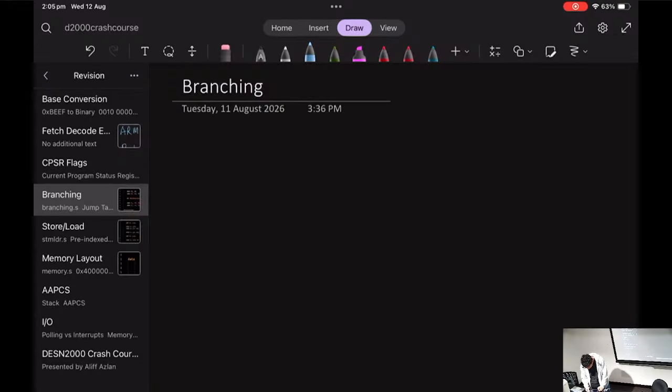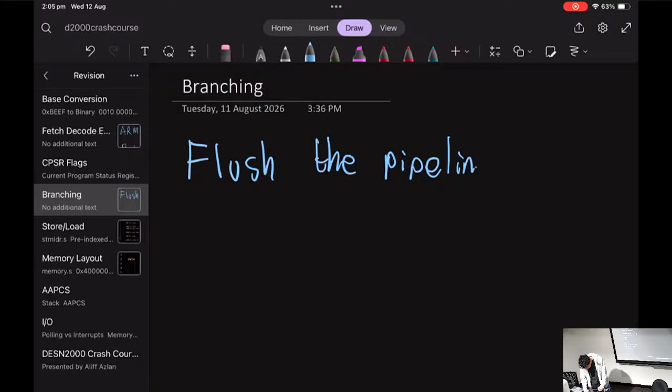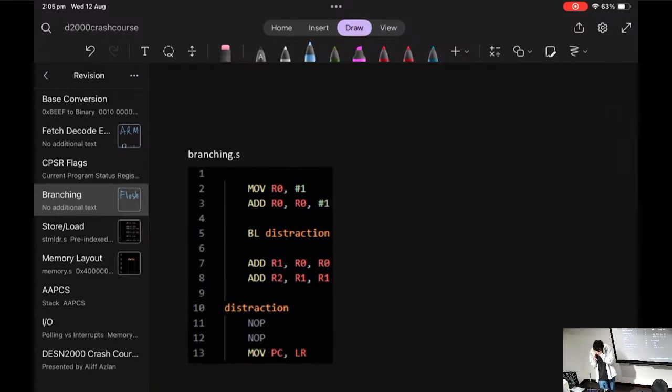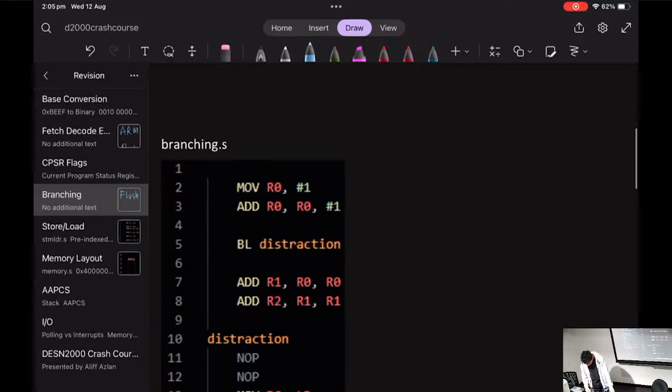So when we branch, we have to flush the pipeline. That means we clear out whatever was in the fetch, decode, execute cycle, and we also have to start filling it up again. I've got a quick example here.